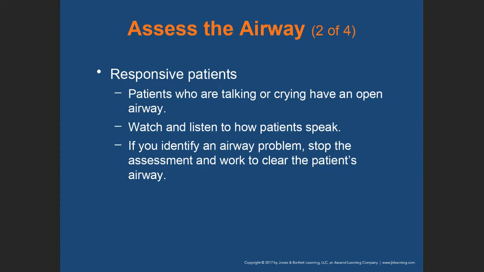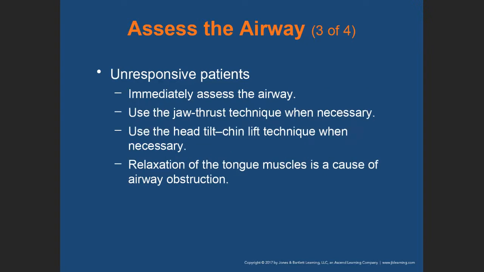The patient is communicating, right? If the patient is not responsive, then naturally you will have to position the airway. If the patient is semi-responsive, then you have to position the airway. For unresponsive patients, immediately assess the airway.